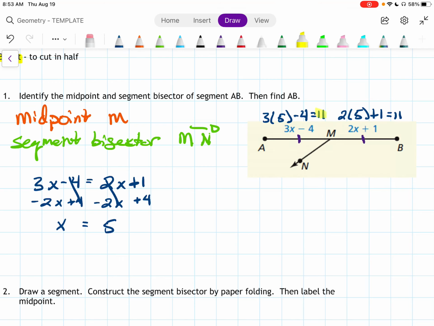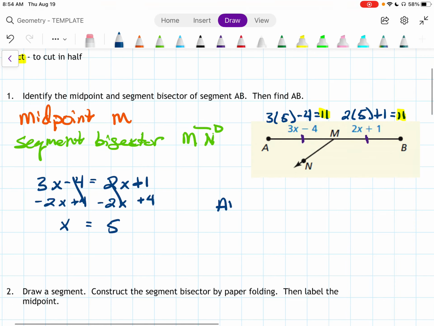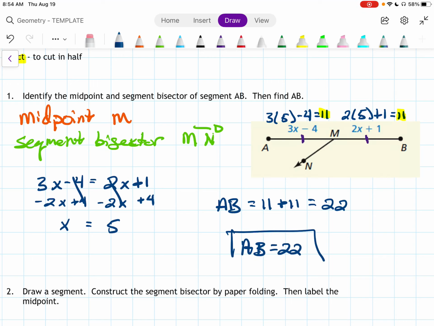So that makes sense. Each half is equal to the same thing, they're both equal to 11. So my whole thing, AB, is going to be equal to 11 plus 11, which is 22. So AB is 22. All right, there we are.